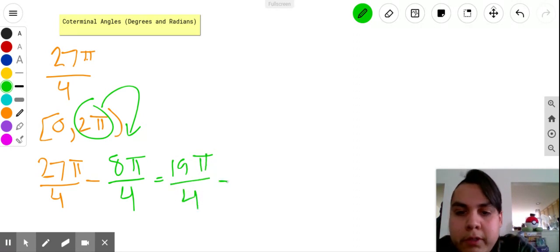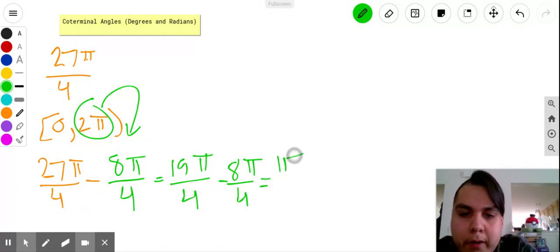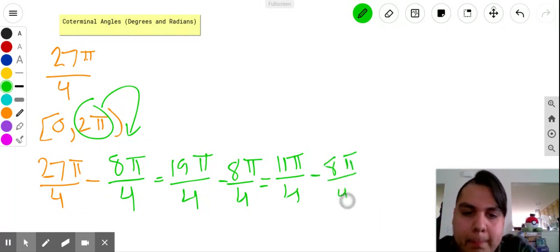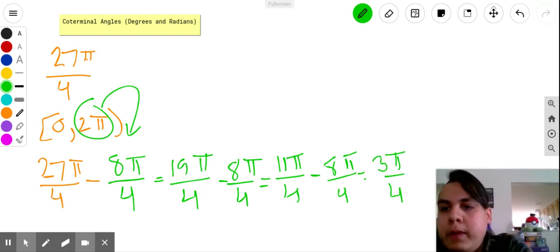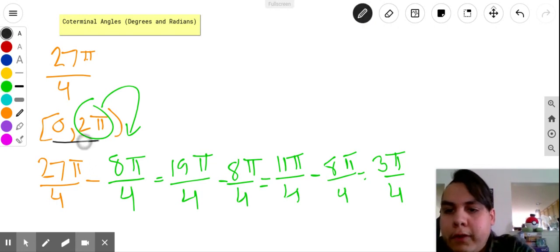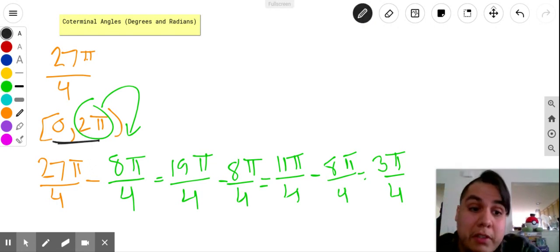That's still bigger, so I do it again. Gets me 11 pi over 4. That's still bigger. Do it again. Right. This answer falls within the given range I had. It falls somewhere between 0 and 2 because it's 3/4.